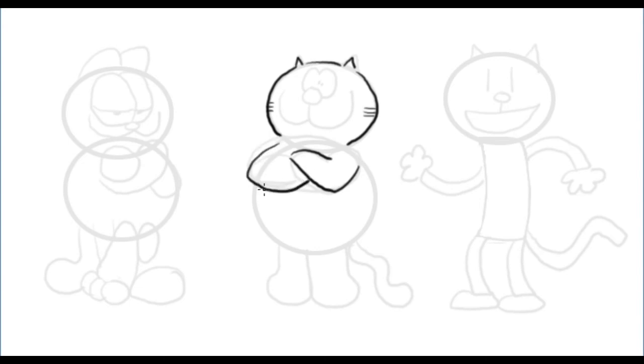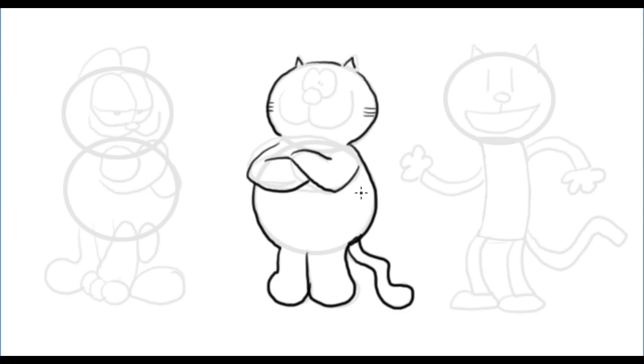So here I am working on Heathcliff. I picked him because he is a little bit more complex to draw than Petey, and yet he's simpler than Garfield. So we can give you the in-between of how to manipulate the details on the basic shapes in a very simple fashion, but not too simple.